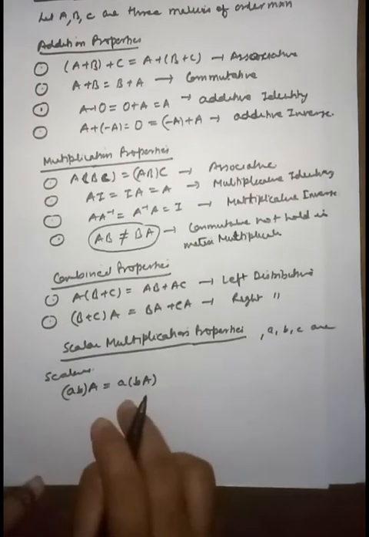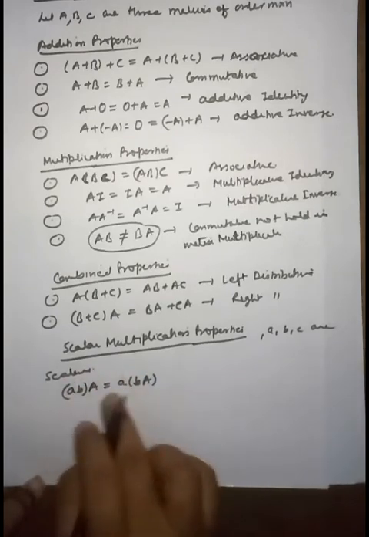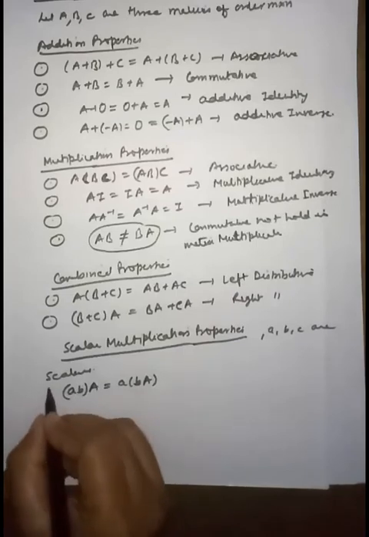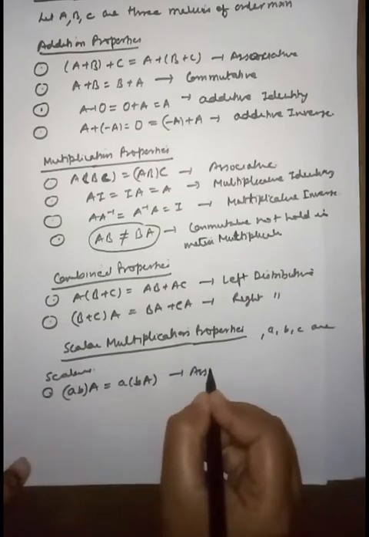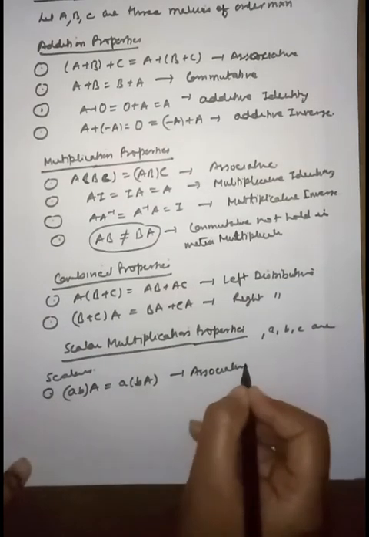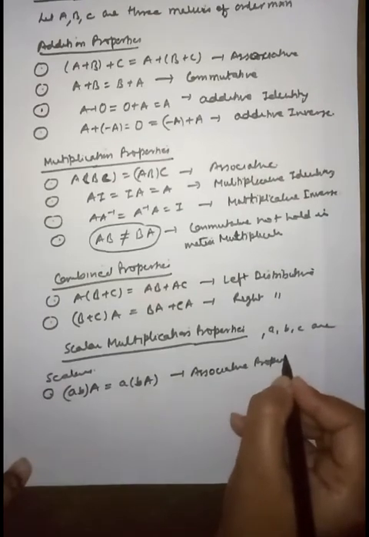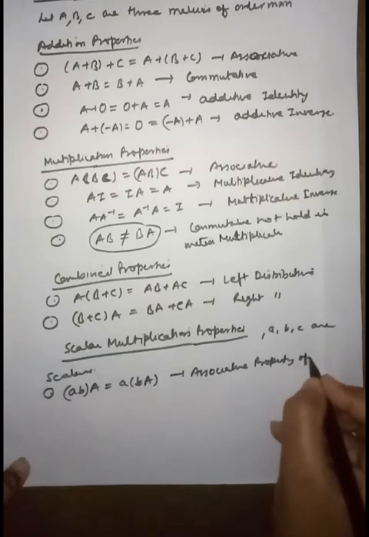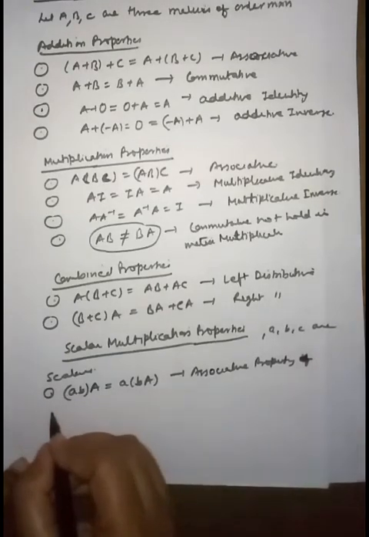So this is the associative property for scalar multiplication, right?